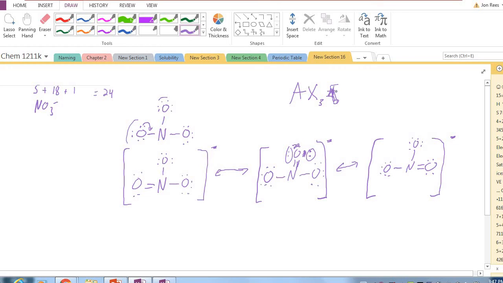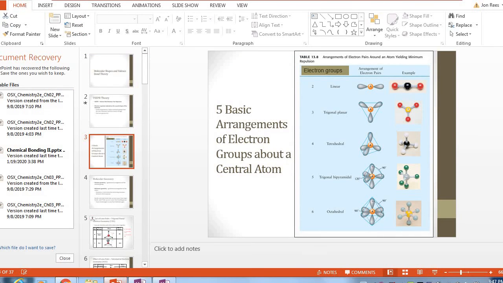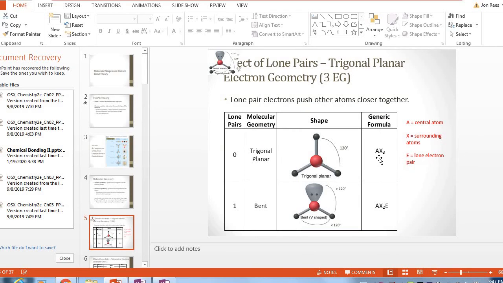So if you remember our AXE nomenclature, this is going to be AX3. Now what is the geometry of this that you should have memorized? Let's go back to our PowerPoint right here. And so we see that if I have an AX3, this is trigonal planar, and my bond angles are going to be 120 degrees for the trigonal planar.